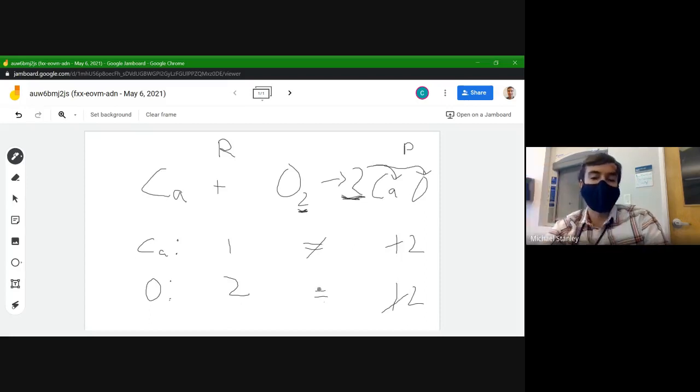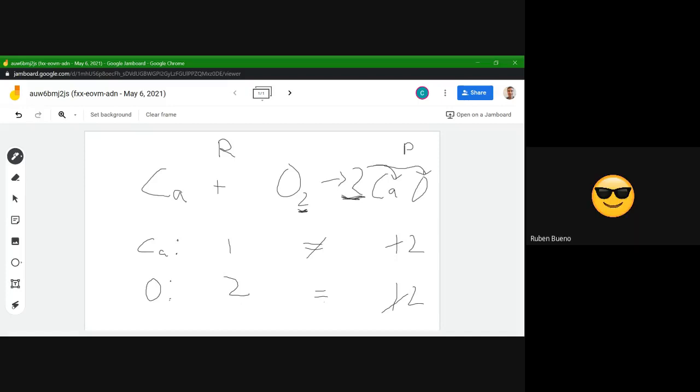So our O's are balanced now, so that's good. So I don't want to try to mess with the O's anymore. I have 2 Ca's over on this side. So is there something I could do with the Ca's over here in order to make them also equal to 2? Add a 2 to the Ca.